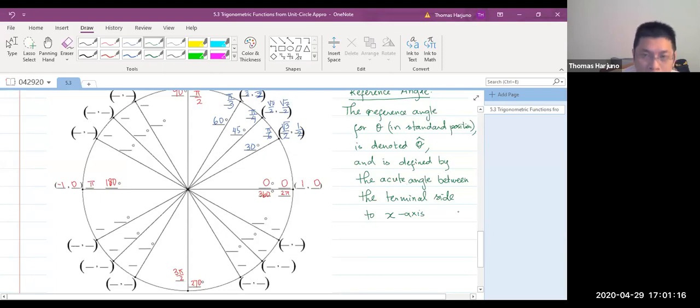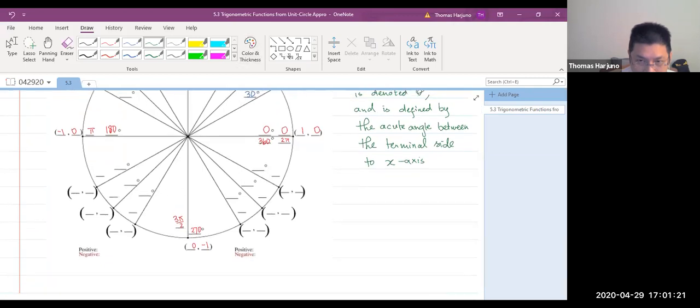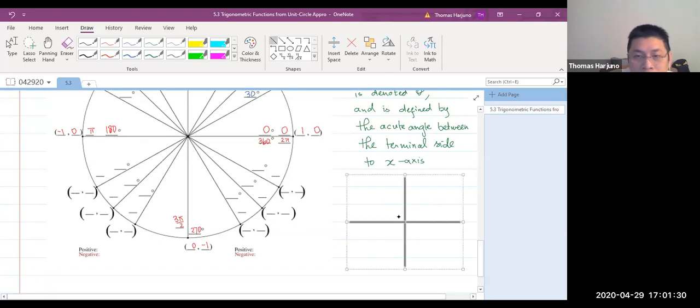No, the reference angle is the angle from the terminal side to the x-axis. So suppose I have this angle theta here. Then the reference angle will be from that terminal side to the closest x-axis.